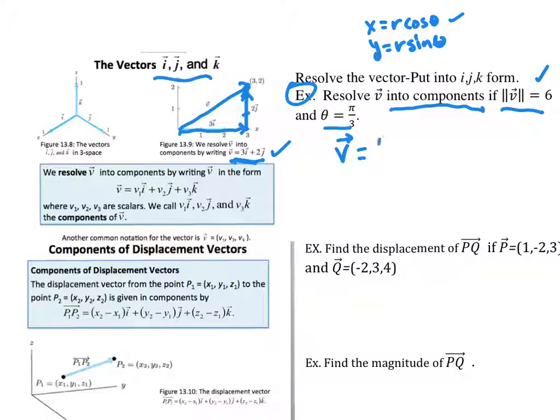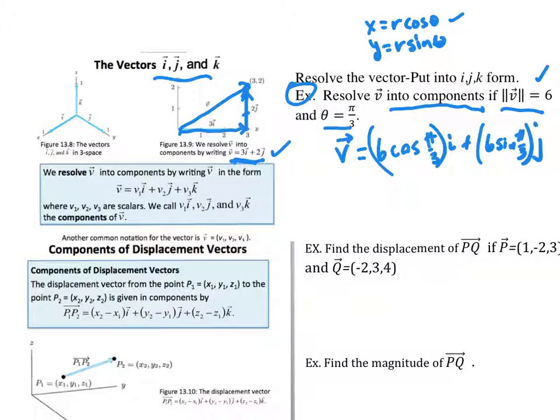So this would just be 6 times cosine of pi over 3. This is my x direction, so that's going to be times i. Remember, i is 1, 0. That's that vector. Then if I want to finish this off, I'm going to do the same thing, but I'm going to go 6 times the sine of pi over 3.